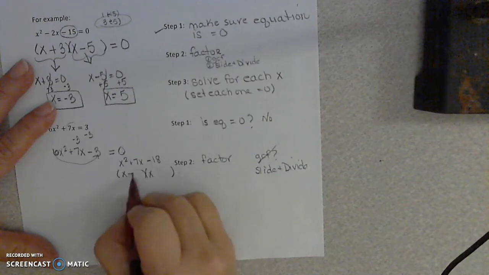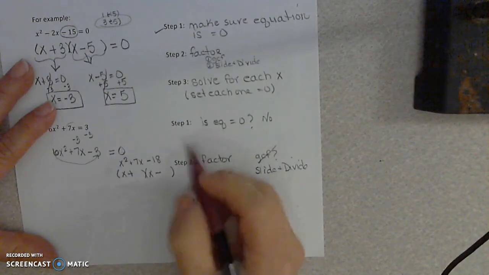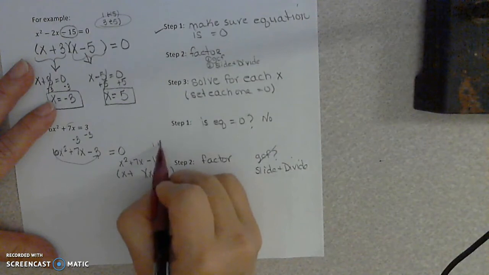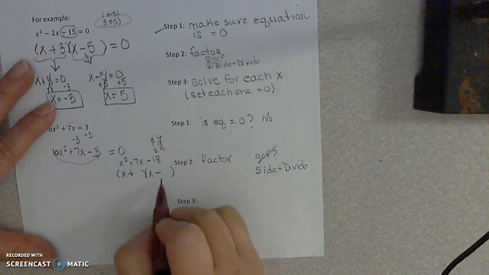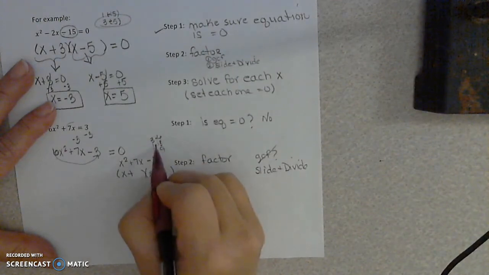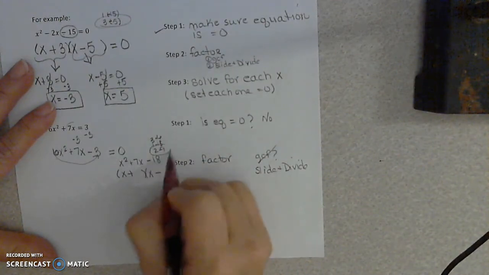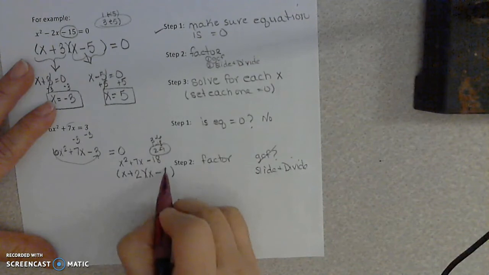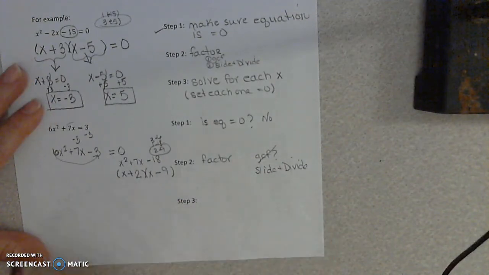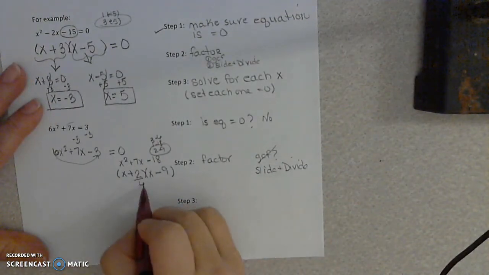Factors of negative 18. I have opposite signs. I have 1 and 18, 2 and 9, 3 and 6. The greatest one is positive. Right here. Positive 2, negative 9. And then use my division.